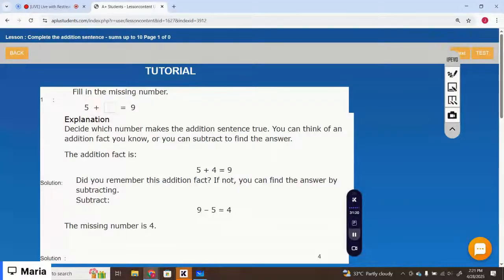You have to decide which number makes the addition sentence true. You can think of an addition fact you know, or you can subtract to find the number. Either find which number when added to 5 makes 9, like 5 plus 4 equals 9, or do the subtraction fact: 9 take away 5 equals 4.